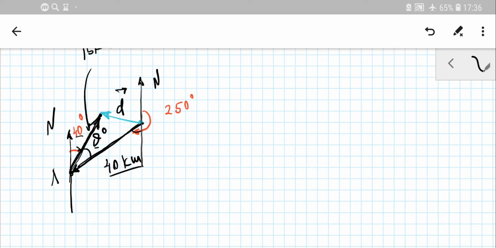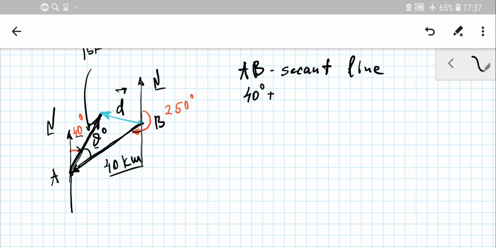So if you like, I can put two letters, A and capital B. So AB in this case is the second line that cuts some segments, right? And also two parallel lines stand for north direction. Okay, so we've got corresponding angles.